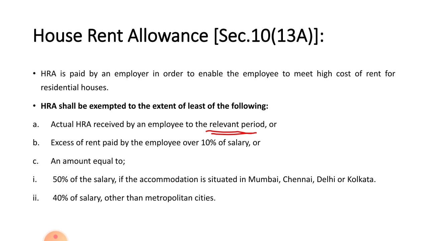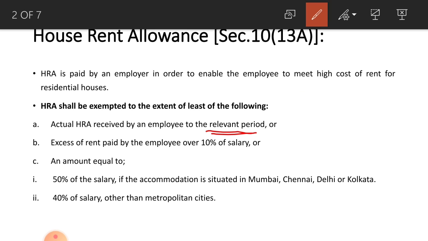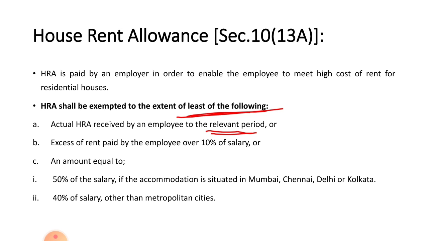If the excess of rent paid over 10% of salary is the least, you have to consider that one. If the 50% of salary or 40% of salary is less, you have to consider that one. That is, HRA shall be exempted to the extent of the least of the following. That is about HRA, that is house rent allowance, tax free under section 10 subsection 13A.